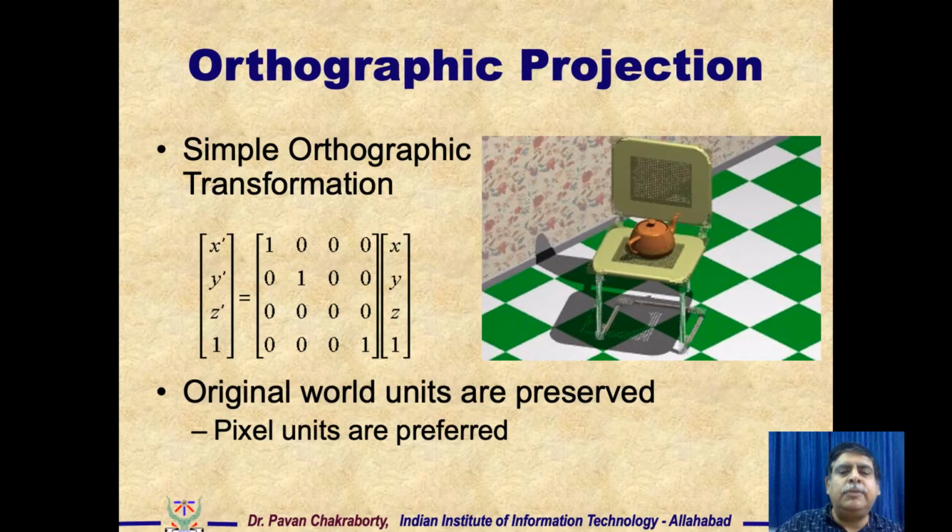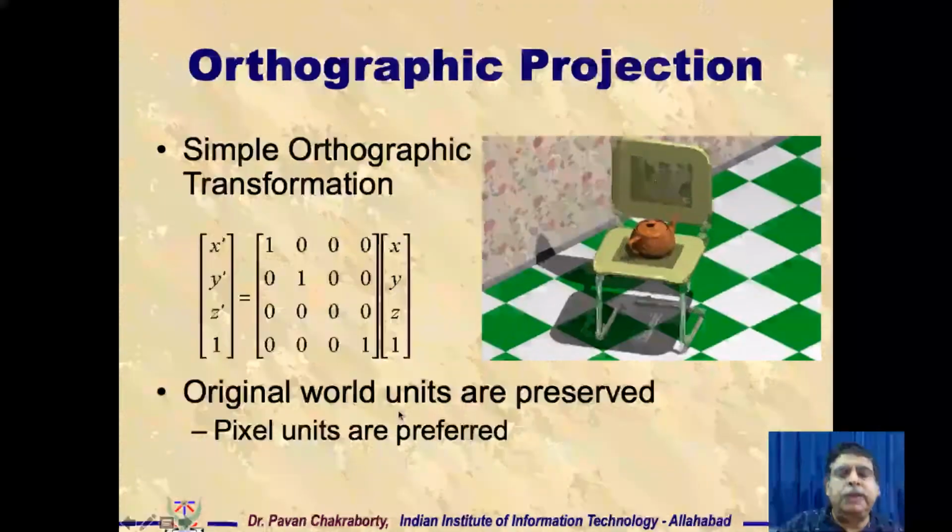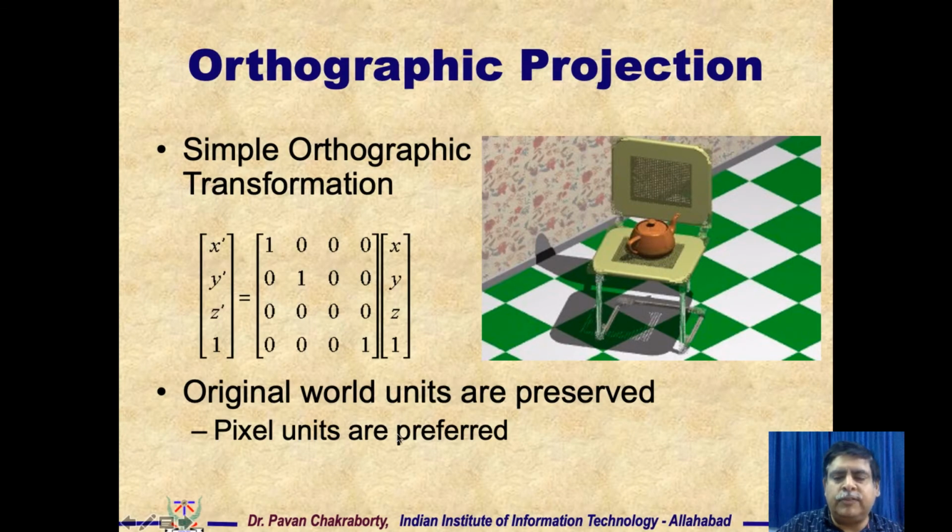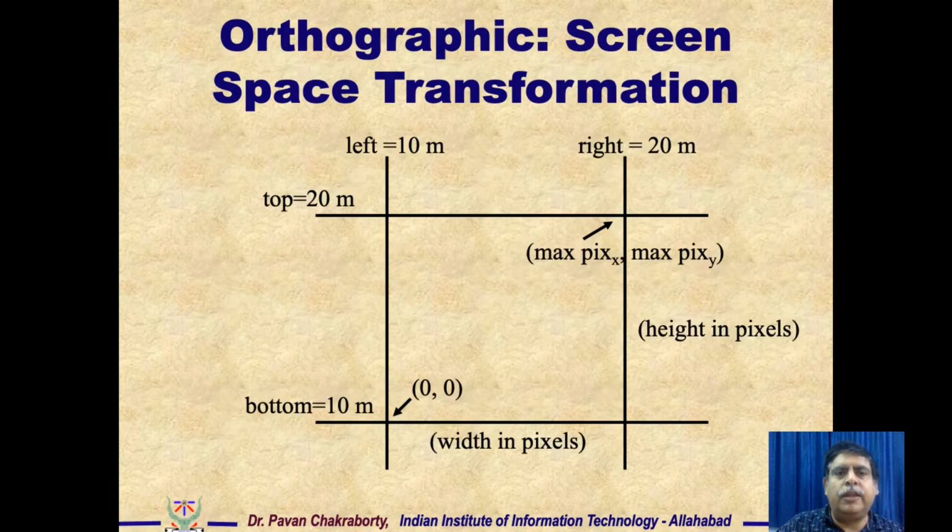This can easily be represented in a matrix form as shown here. This matrix looks like a unitary matrix except for the z component, which is made 0 here. The original world units are preserved, pixel units are preserved in this case.